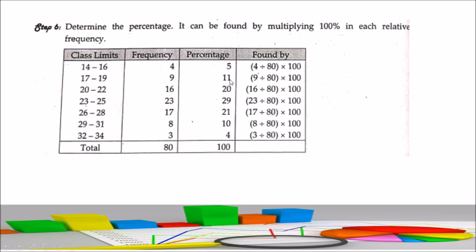Earlier we got 0.11 times 100, and that is 11%. Then 0.20 times 100 is 20%. That until 0.04 times 100, that is 4%. A total of 100%. So that's how to find the percentage: you just multiply the relative frequency result times 100.